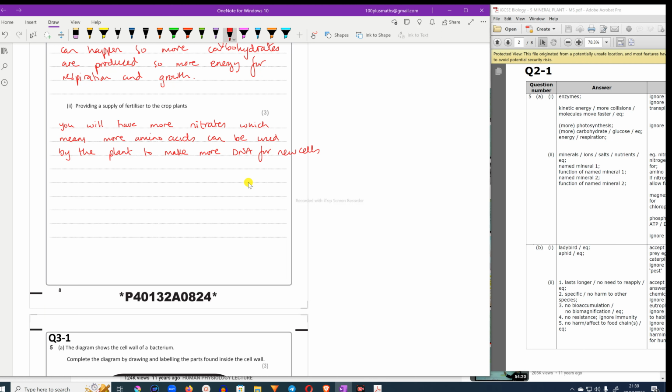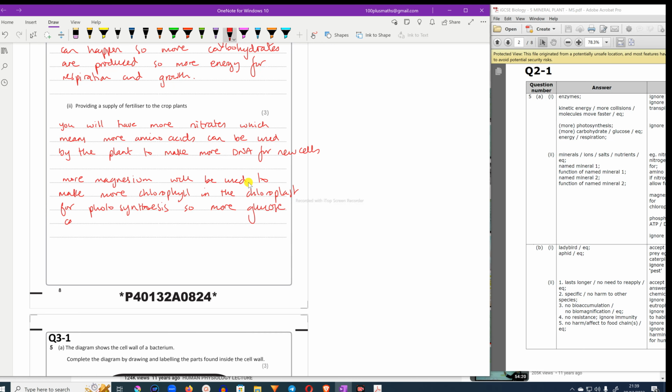You can also have more magnesium will be used to make more chlorophyll in the chloroplast for photosynthesis, so more glucose can be produced.